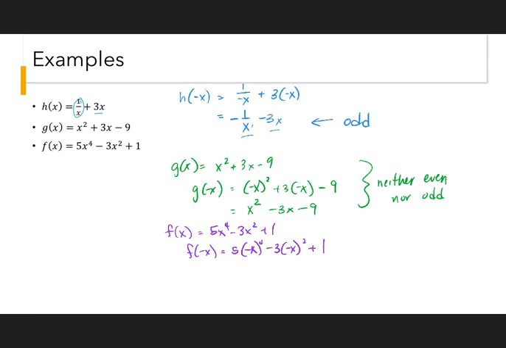Negative times negative times negative times negative is going to be a positive number. Negative x squared is going to be negative x times negative x, which is going to give me a positive x squared. Didn't plug anything into the last place, so it's going to stay as is. So when I plug in negative x, I get exactly the same terms with exactly the same signs, which means that this function is even.